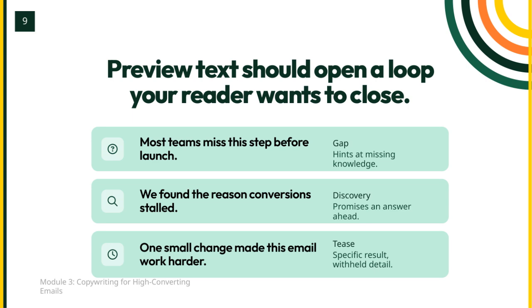In our case, we identified a key gap that was causing conversions to stall, and by addressing it, we discovered how one small tweak dramatically improved email performance. While I won't give away all the details just yet, this tease sets the stage for what's coming next. This is exactly the kind of insight you'll find in Module 3, where we dive deep into copywriting techniques specifically designed to boost your email conversions.